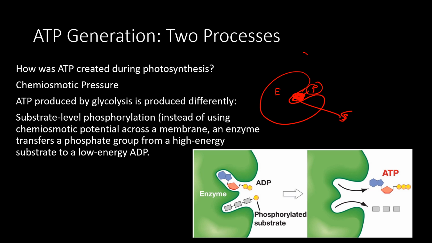And so this enzyme is going to be able to take ADP and this phosphate and transfer it on over. And so now we have ATP. So this is a new way of making ATP, and it's called substrate level phosphorylation. We use this during the glycolytic pathway, during glycolysis, to generate ATP.